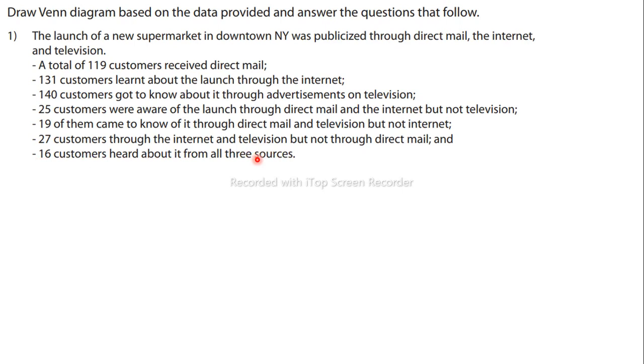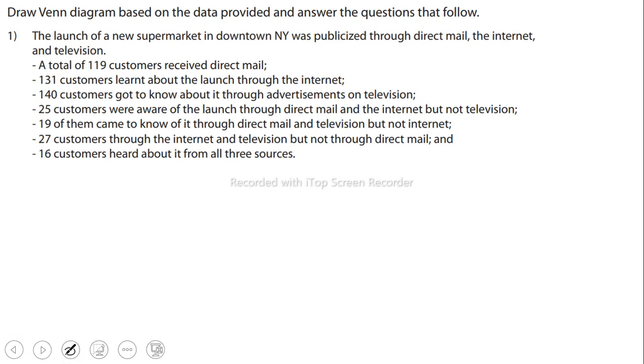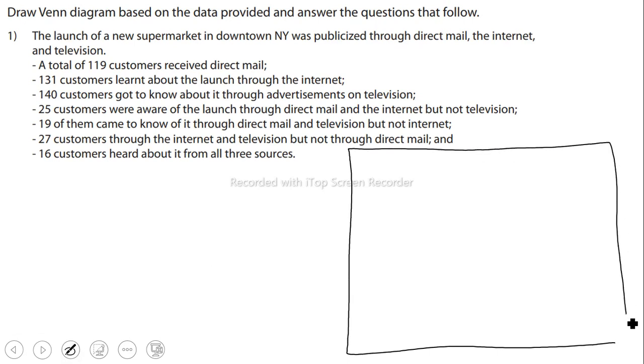Okay, so let us construct our Venn diagram. I'm going to do it right here. You know you're going to have three circles because it's three sets. Those who heard about it from direct mail, what letter are we going to use?